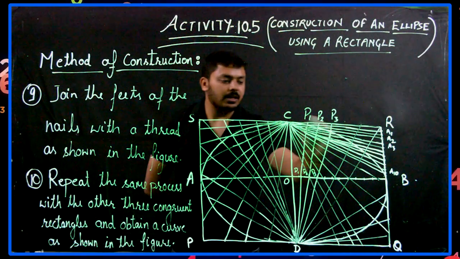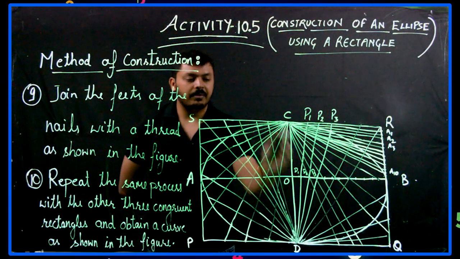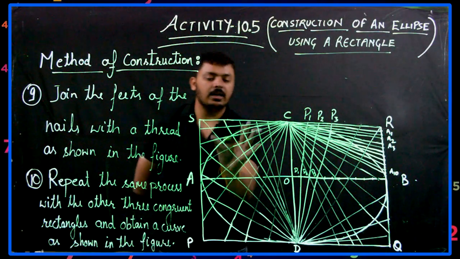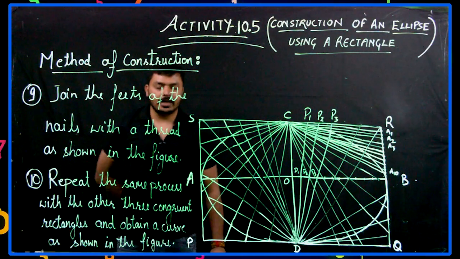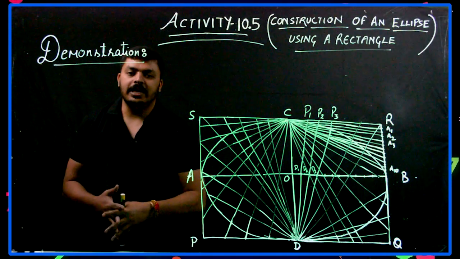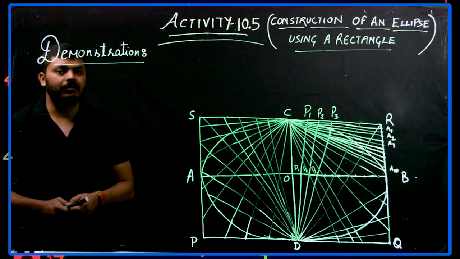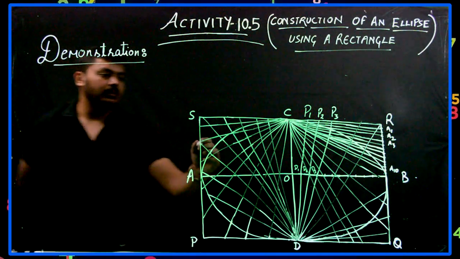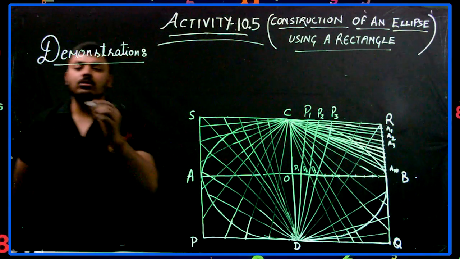That is, this is the curve that we have obtained when we repeat the same process for all the 4 congruent rectangles. So students, now let's see the demonstration for the given activity. So the curve that is obtained looks like an ellipse.